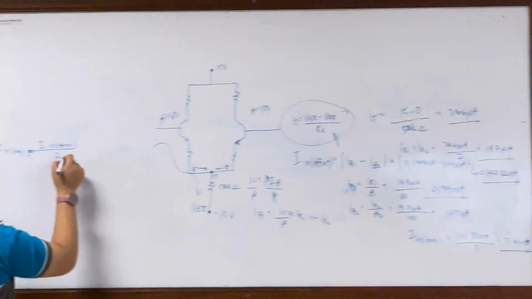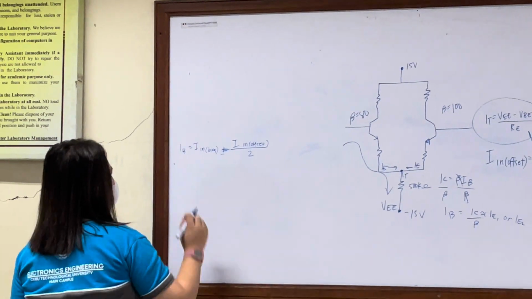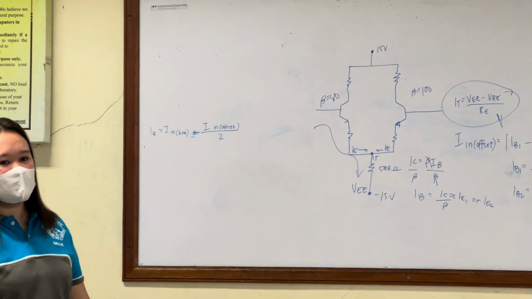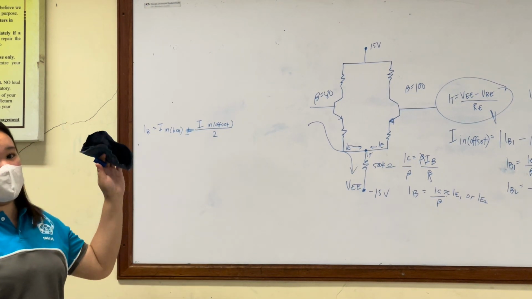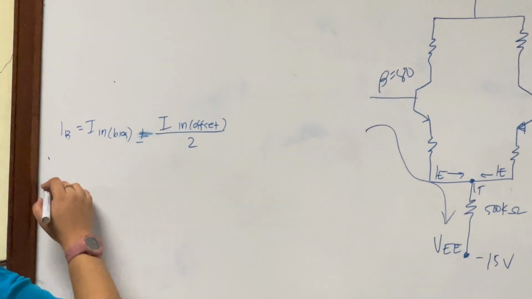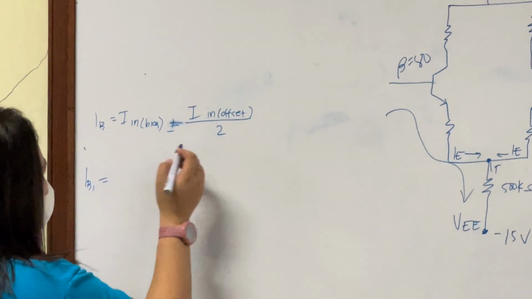IB2 is minus. Whichever is bigger, so since bigger si IB1, plus.